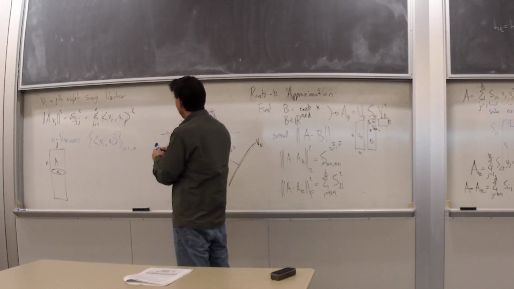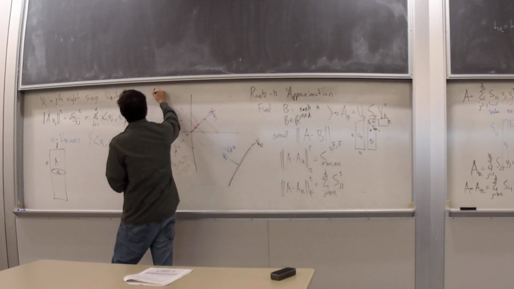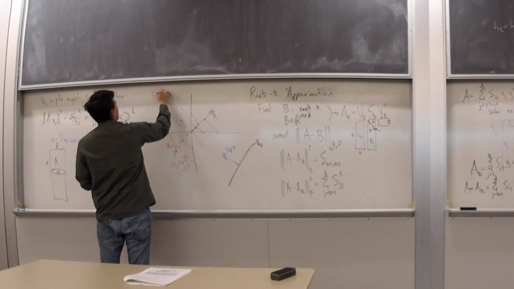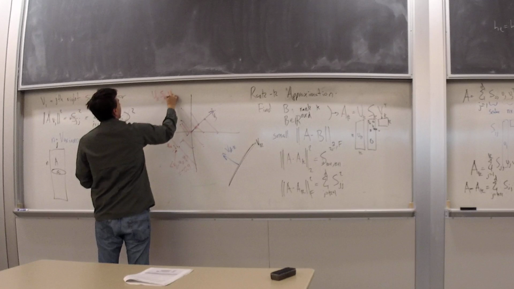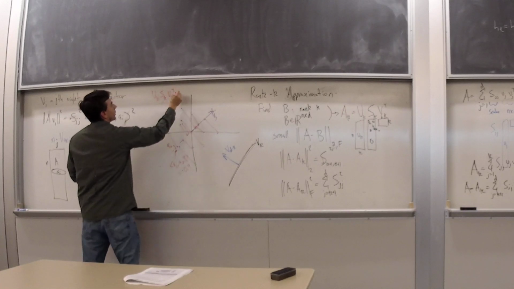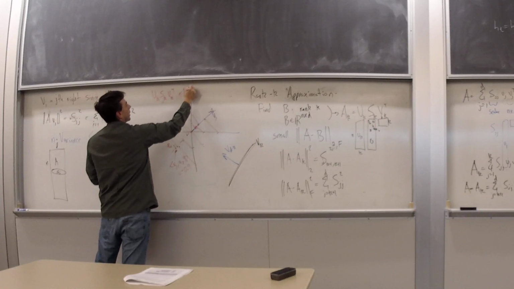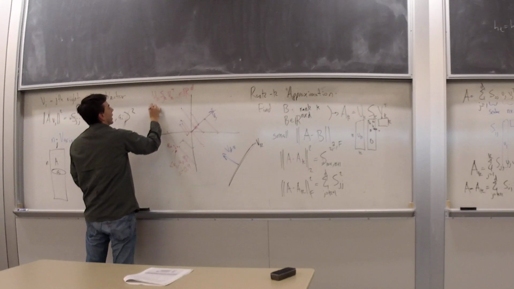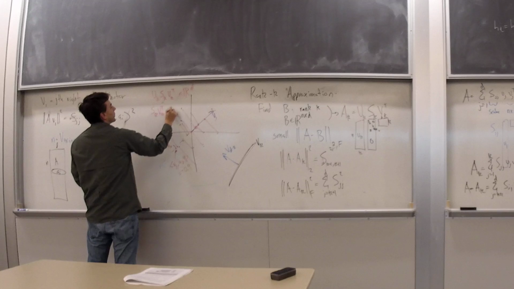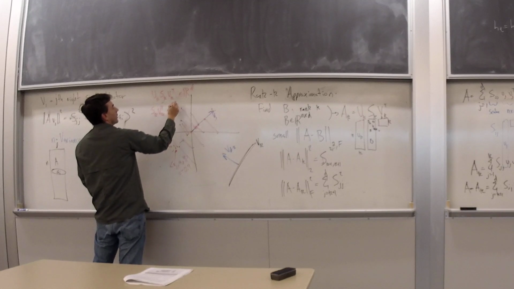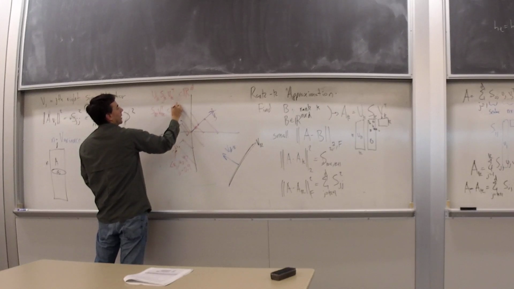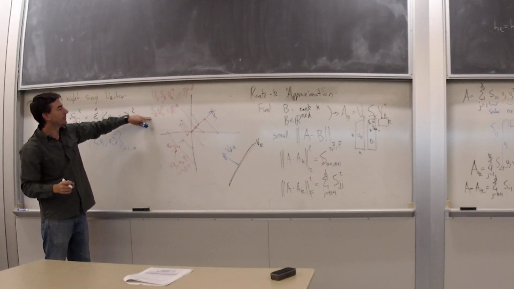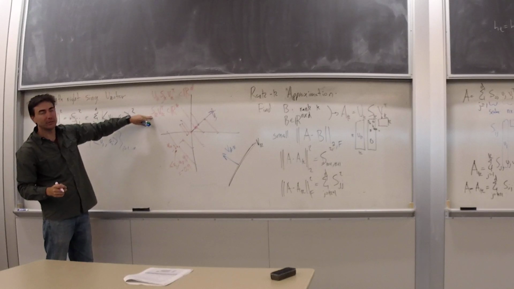Whereas if I think of U_k, S_k, V_k transpose, these are going to be in R^d. If I look at S_k V_k, I can think of these as points in R^k.